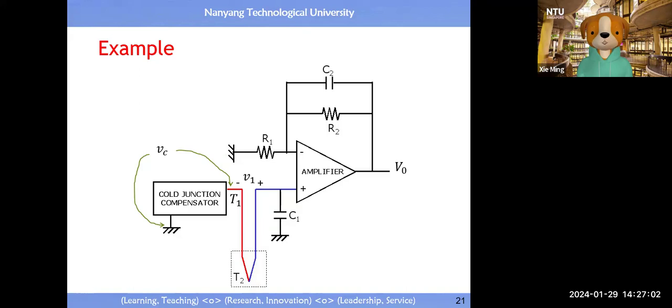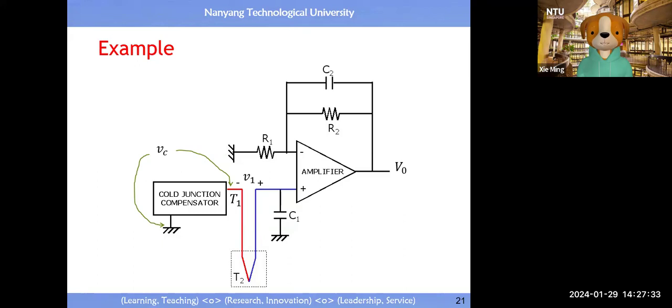ideally we want T1 to be 0 degrees. If T1 is not equal to 0 degrees, that means T1 itself will produce a voltage. Then we use this junction compensator to supply negative voltage to make the reading 0. So actually, you do not need to hold T1 at 0 degrees. As long as T1 is a constant, it will have a nominal voltage.